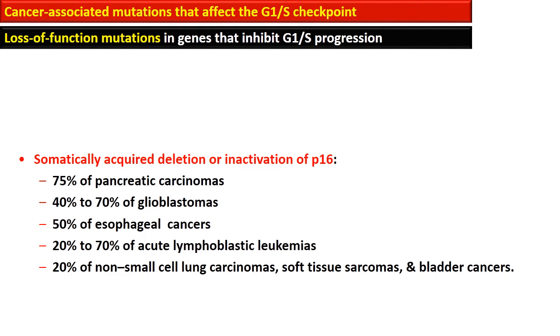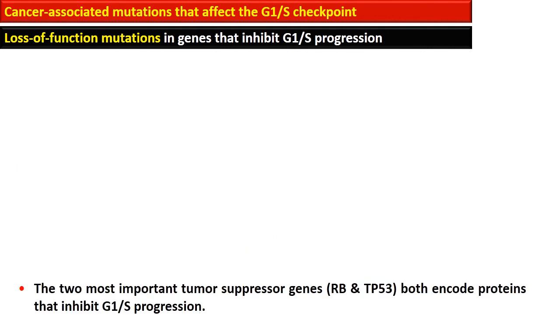P16 deletion or inactivation is present in 75% of the pancreatic carcinomas and 40 to 70% of the glioblastomas, and half of the tumors from the esophagus show this deletion or inactivation. 20 to 70% of acute lymphoblastic leukemia also show this P16 inactivation, and P16 is also associated with non-small cell lung carcinoma, soft tissue sarcomas, and bladder cancer, in which about 20% of cases show this deletion or inactivation.